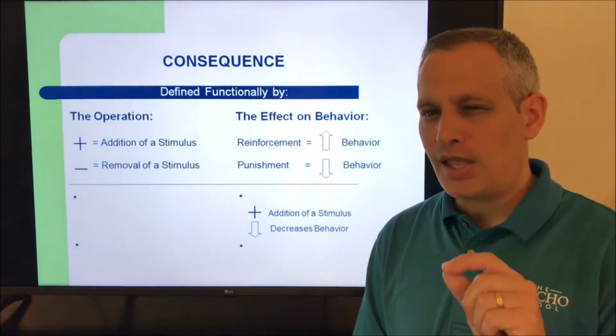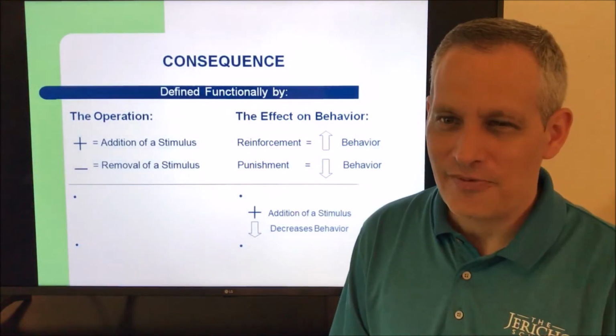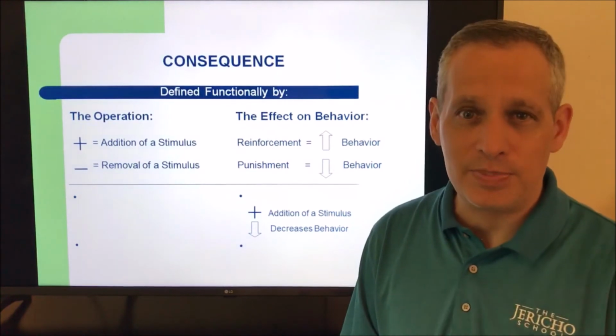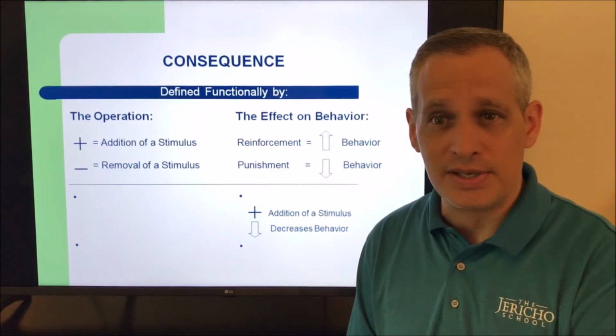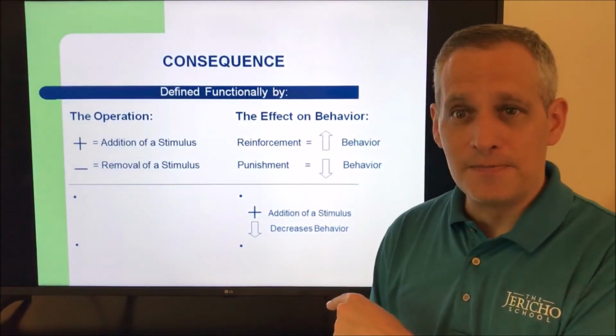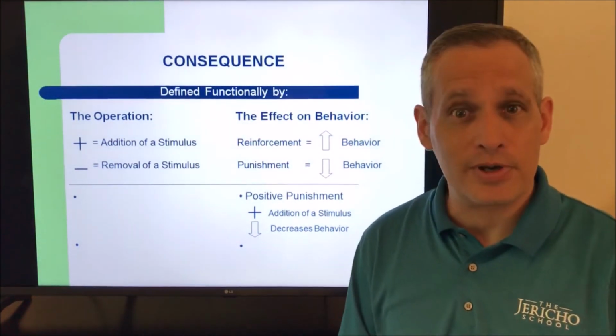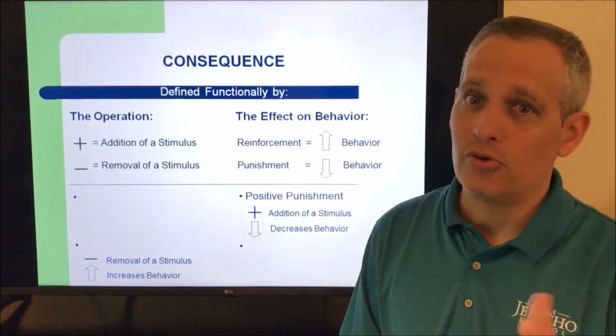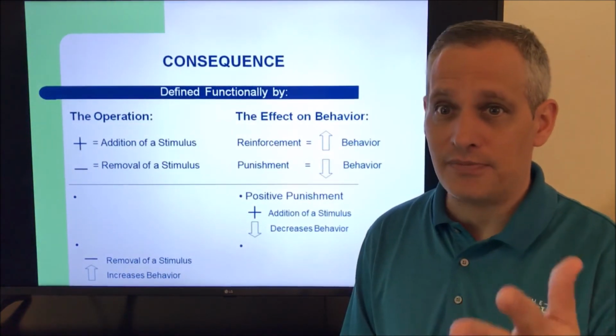Here's the test. If we heard that after a behavior occurred, there was addition of a stimulus that decreased behavior, we would say addition of a stimulus is positive and decreasing behavior is punishment. So that's positive punishment. That's how we figure it out, right? If there was the removal of a stimulus to increase behavior, removal is negative, increasing behavior is reinforcement.